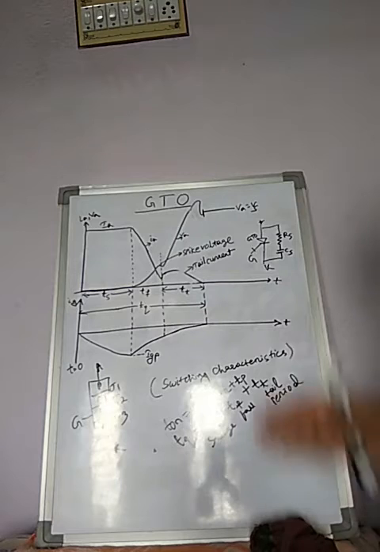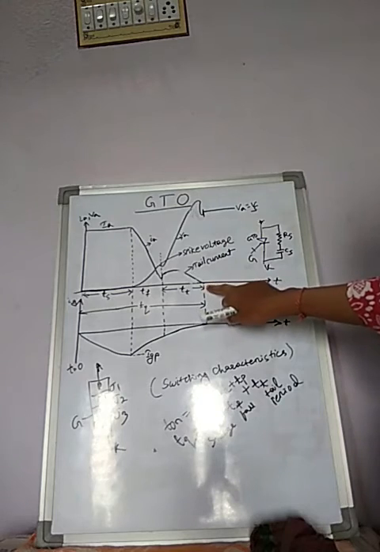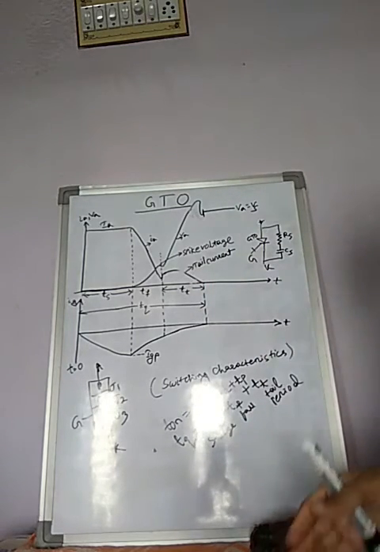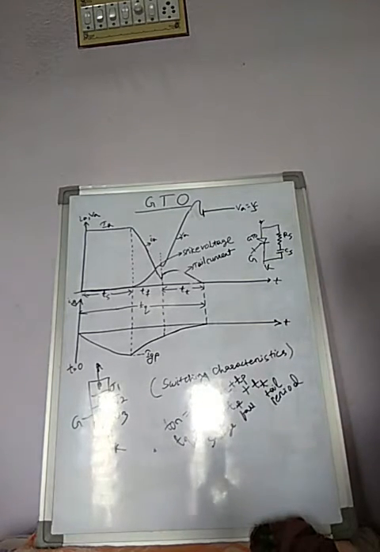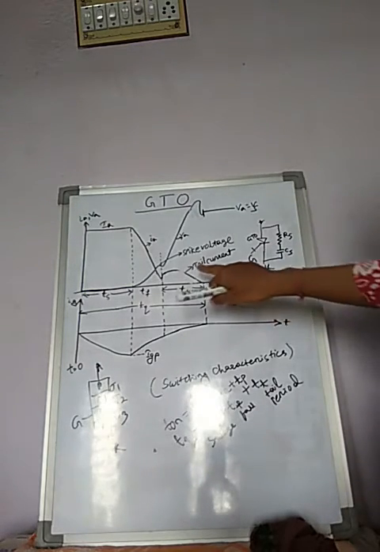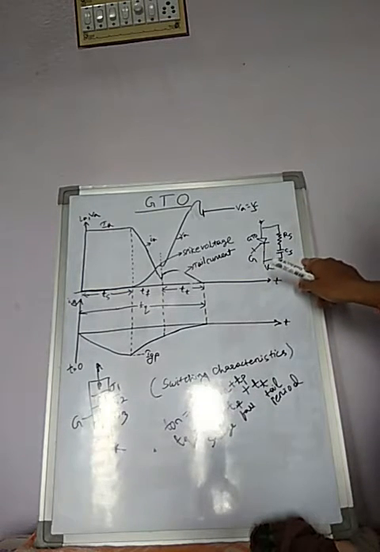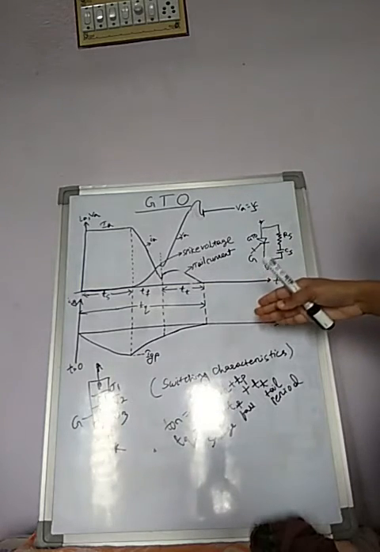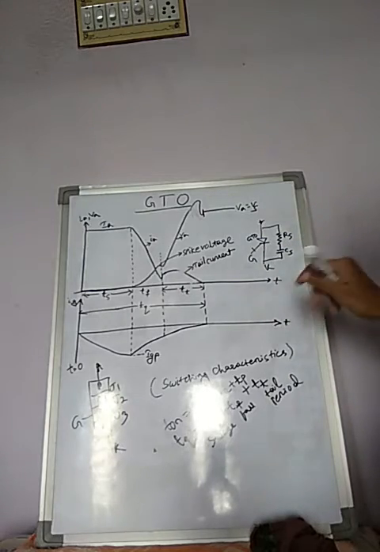So the turn off process is complete when tail current reaches zero. That means when anode current reaches zero, the device is completely in off state. The overshoot voltage and the tail current can be decreased by increasing the size of Cs, but a compromise with the snubber circuit loss must be made.